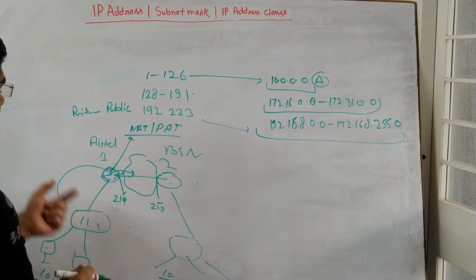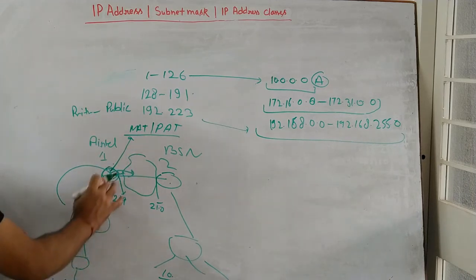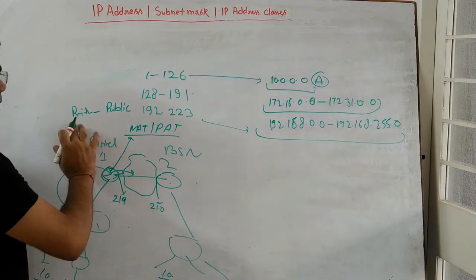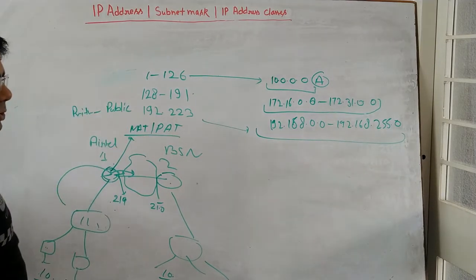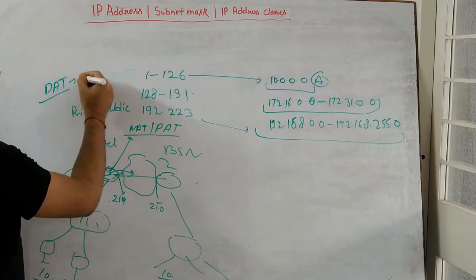All the devices need not communicate via the internet, only a few. So you can have a one-to-one private to public translation also. With PAT, you can convert one to many.